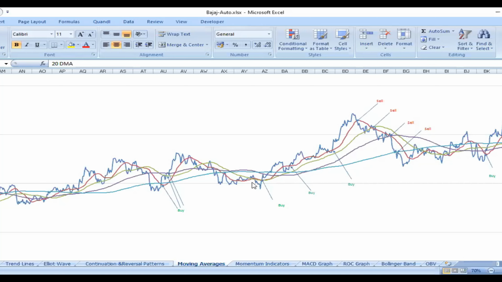So if you look at it, and I'm just picking up one point, this is the point where the price hits the moving average from below and is moving upward, right? And this is the point when the buy signal is generated for you from a 20-day moving average and also a 50-day moving average around the same time, right?